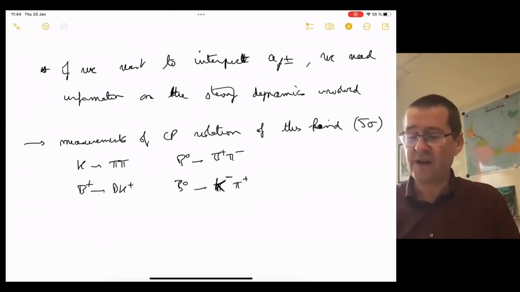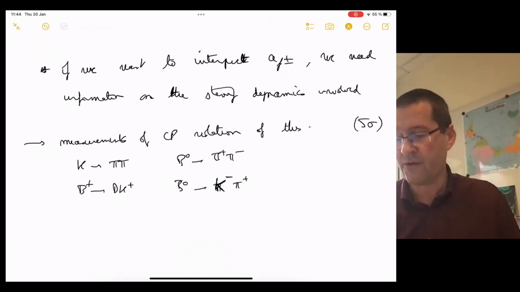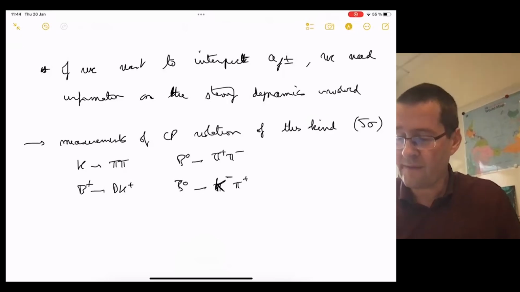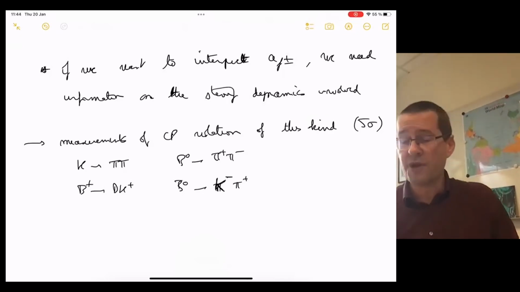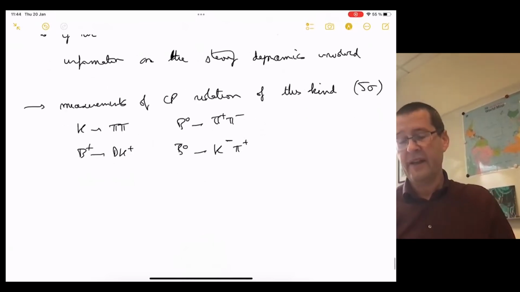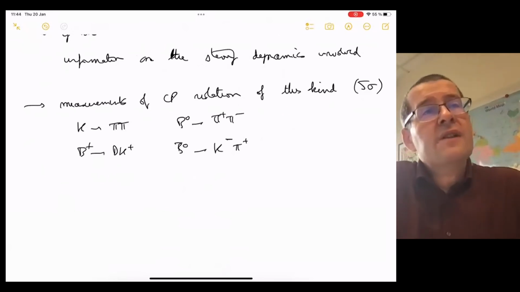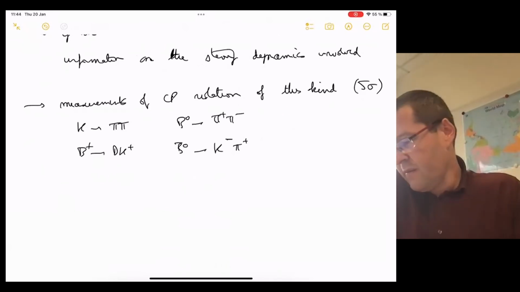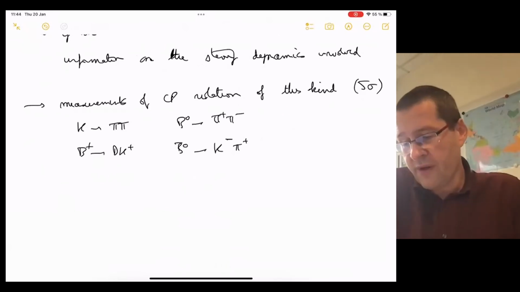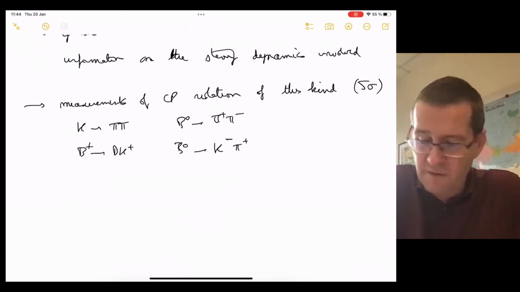But if you want afterwards to use this to quantify the CKM matrix elements, it's much harder. That's a problem that we will face later on when we discuss the breaking of lepton flavor universality. It's the same problem. You've got a symmetry that is broken, so you can build observables to show that it's broken. That's not a problem.